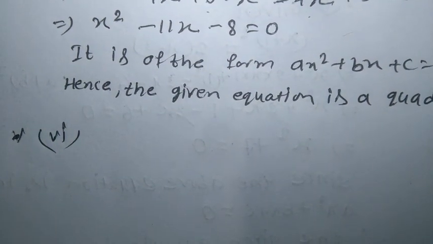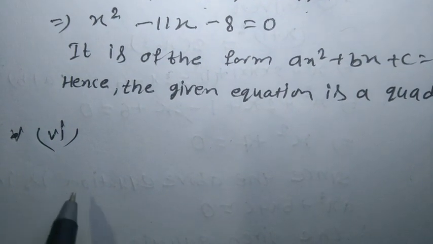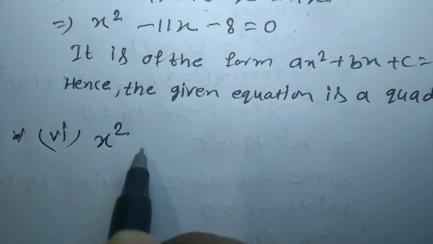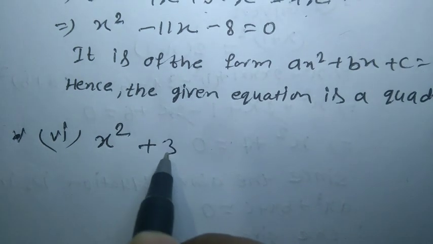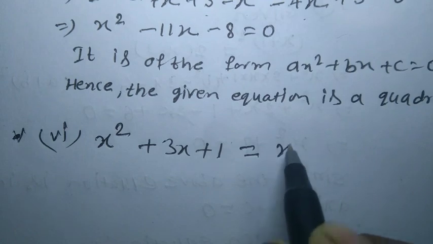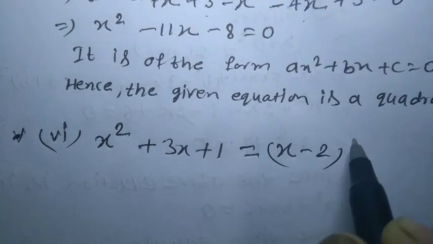The question number 6 is x square plus 3x plus 1 is equal to x minus 2 the whole square.